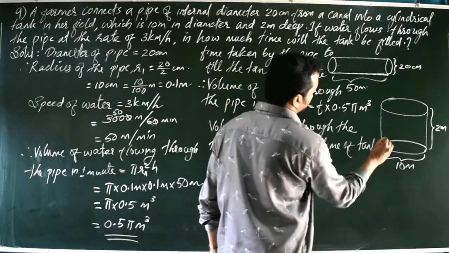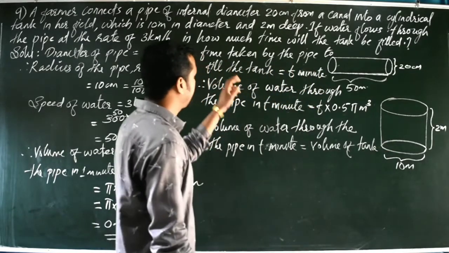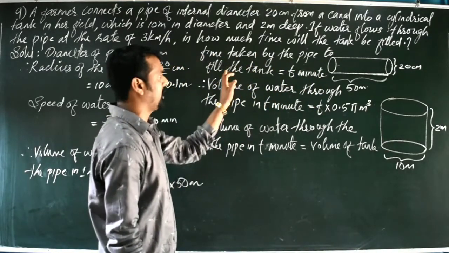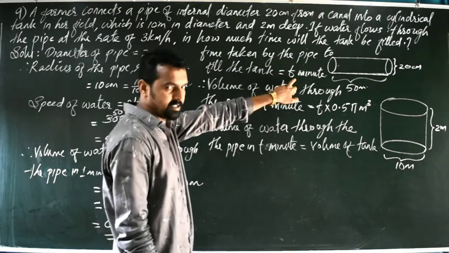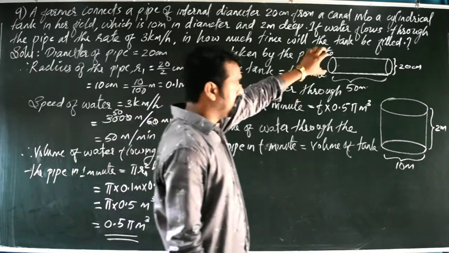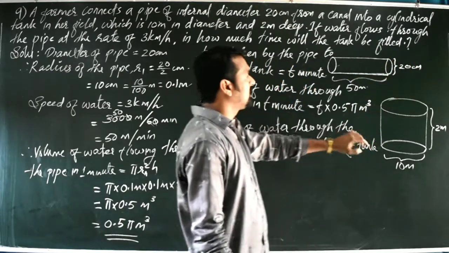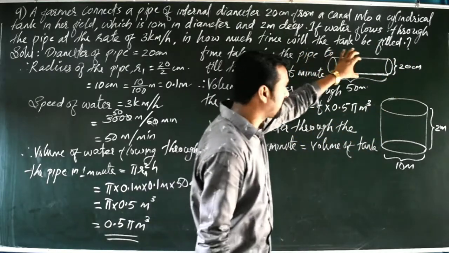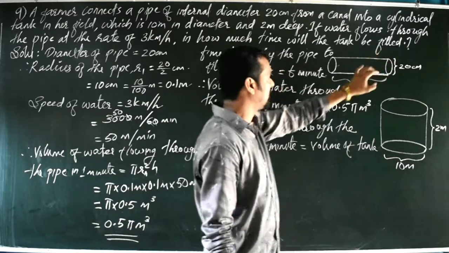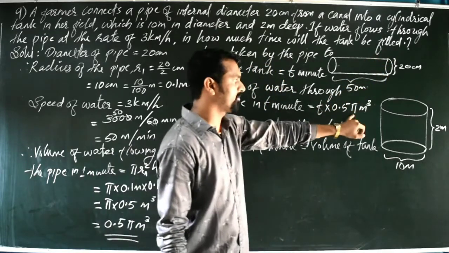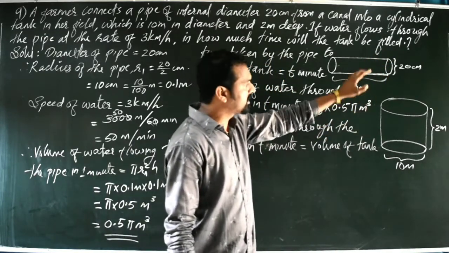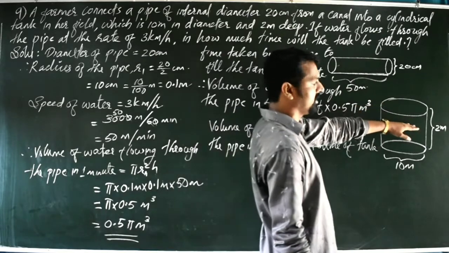Here we have taken the time taken by the pipe to fill the tank as t minutes. Then in t minutes, how much water is flowing through this pipe? That is t into 0.5 pi meter cube. Then that water is filled here in the tank.